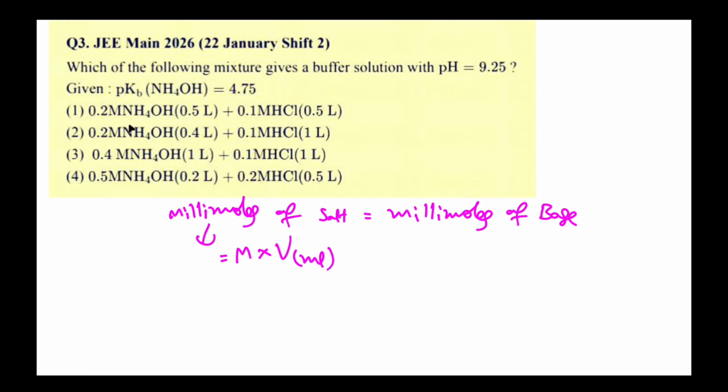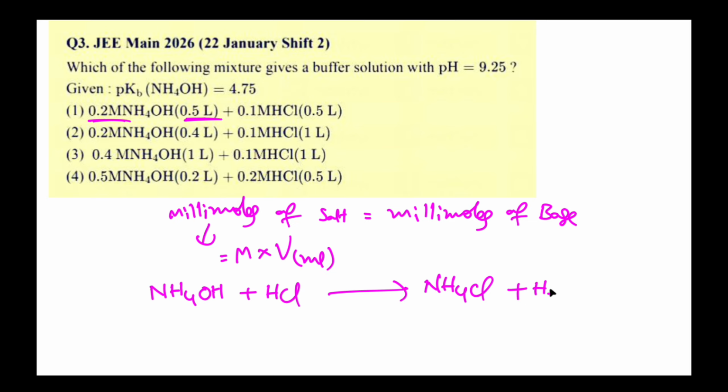Molarity and volume of the given solution are both given. So NH4OH is reacted with HCl. It gives NH4Cl plus H2O. From option 1 we know that 0.2 M NH4OH is treated with 0.5 liters HCl.